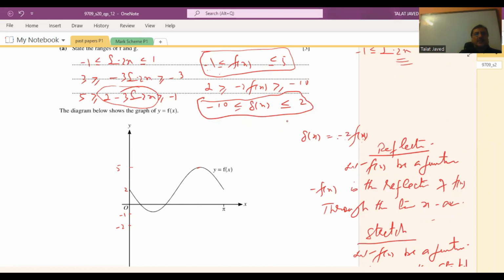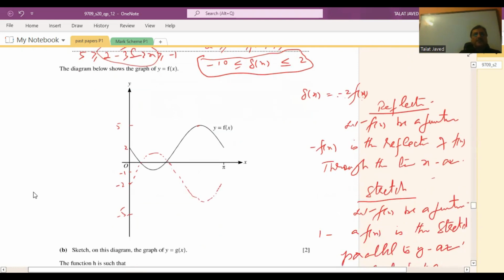So its reflection is like this. This 5 will be minus 5, this was 2. Now stretch parallel to the y-axis by scale factor 2. This minus 2 will be minus 4, minus 5 will move to minus 10.